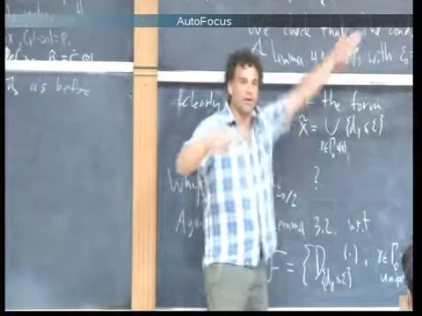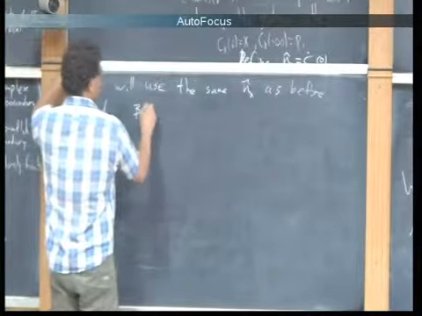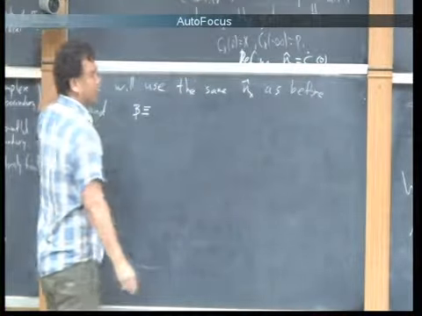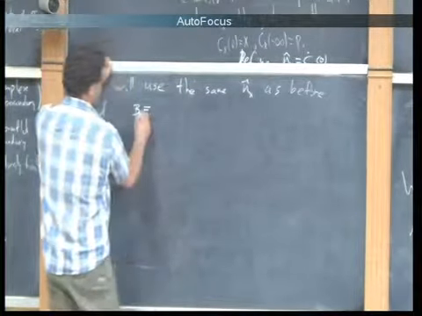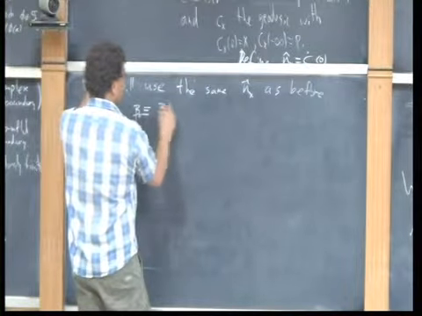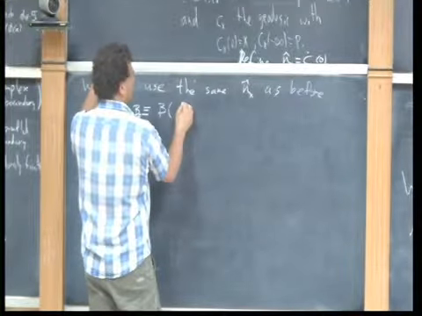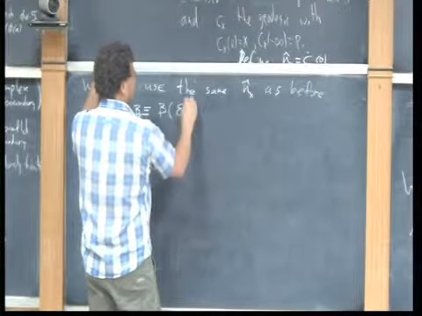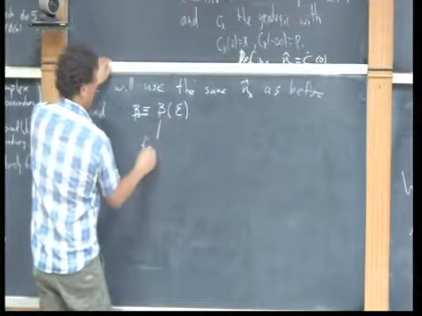We can still use the same direction, and beta will be a constant function, which let's call beta naught. It will be the constant function, which is the beta from before at the value epsilon. Beta from before.